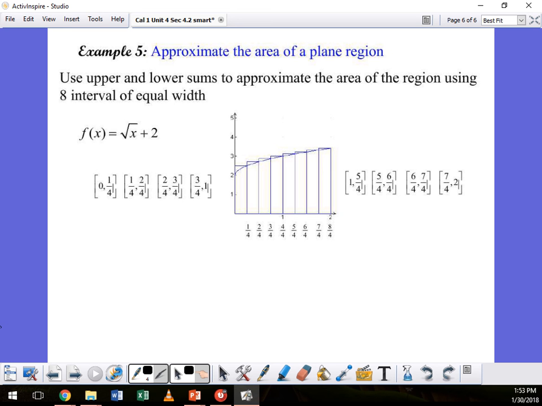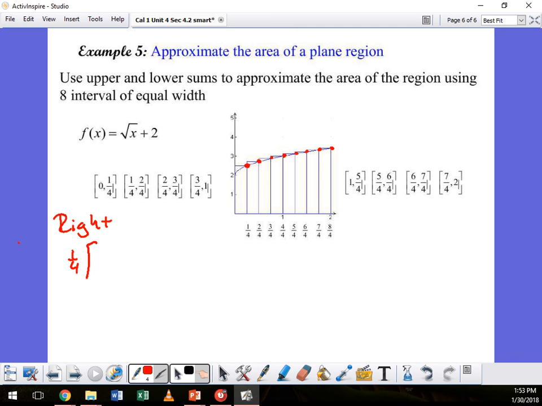Now, this time for the right, it's going to look like this. I'm going to do my rectangle there, all these points right here. Again, what's my width of every one? 1/4. So this is my right.